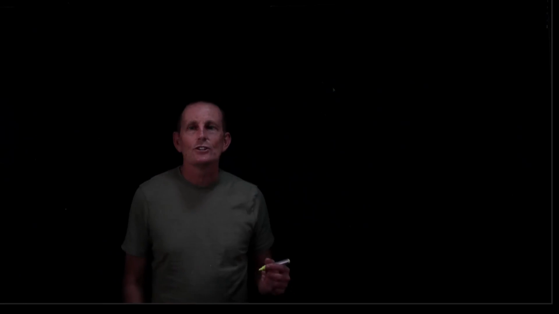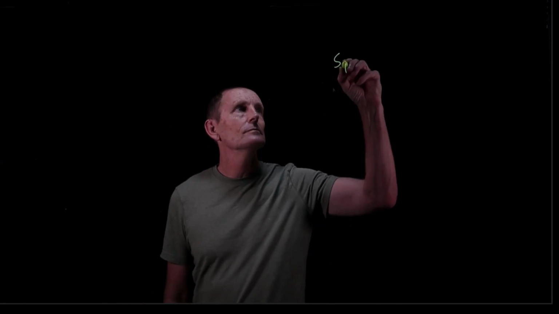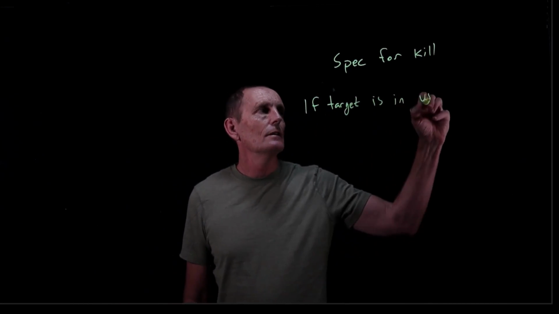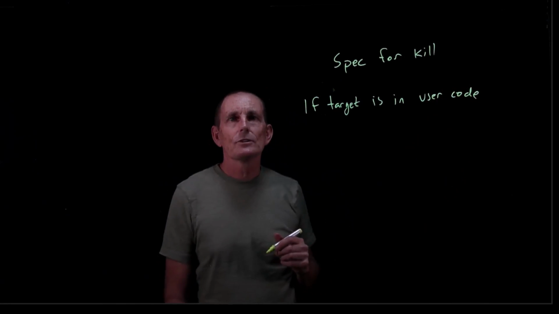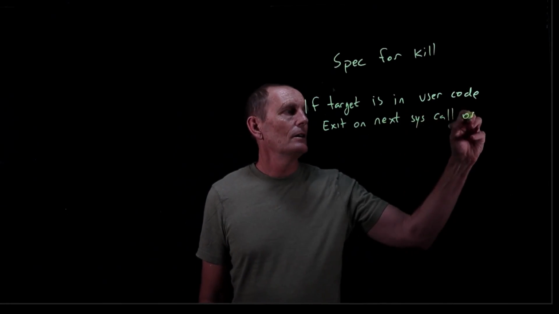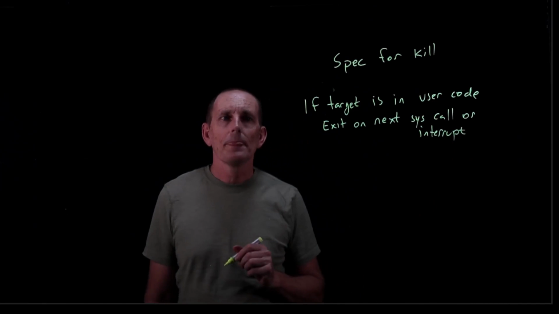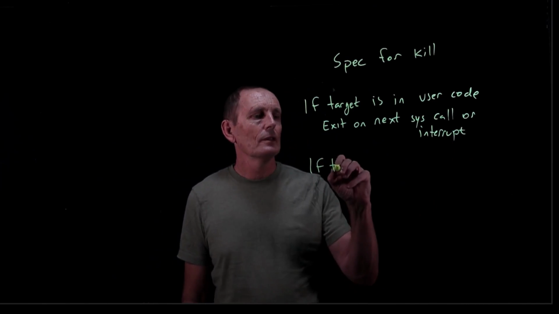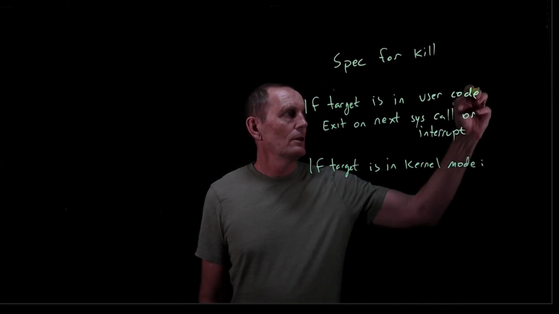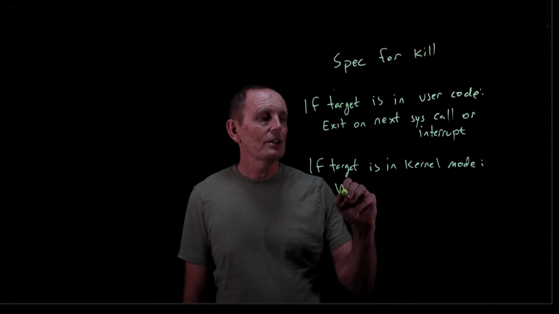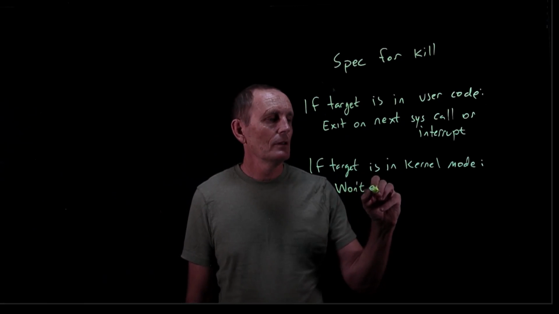So here's the specification for kill. If the target is in user code, then we're going to exit on the next system call or interrupt. If the target is in kernel mode, and by kernel mode I mean we're actually executing kernel code, then we won't ever execute more user code.